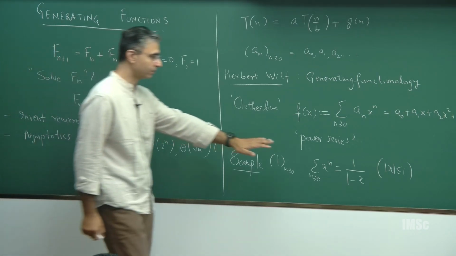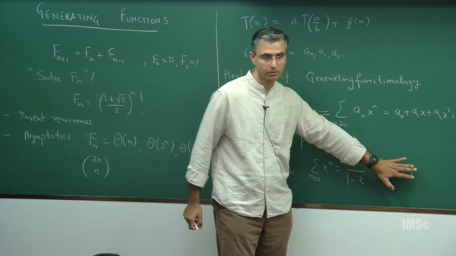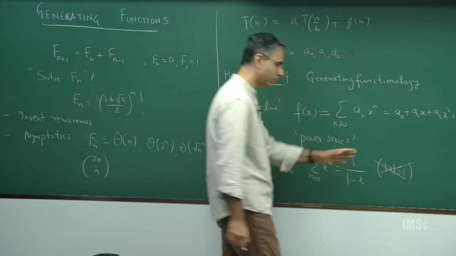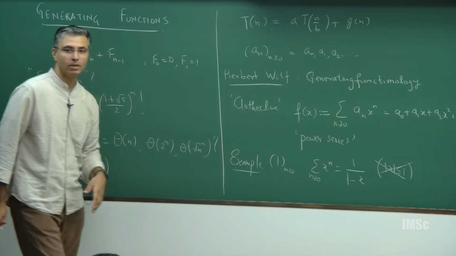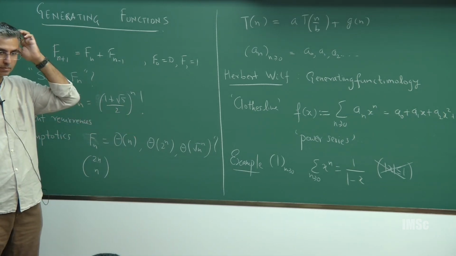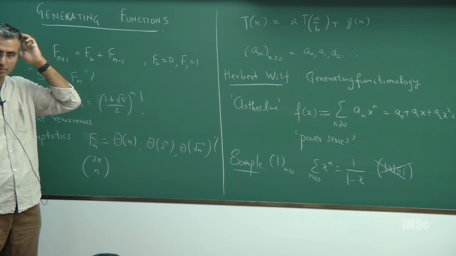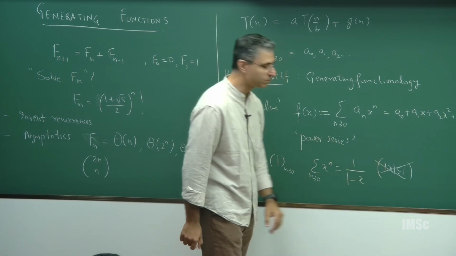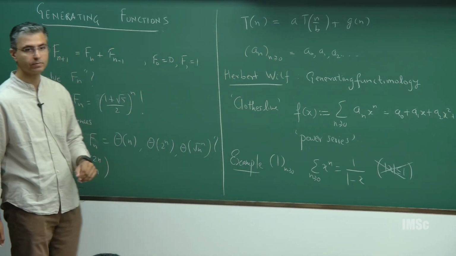But I will drop this, it will become clear later. We will not worry about that constraint. Why do we have to worry about that constraint? Why do we say this is equal to this if the absolute value of x is less than 1?